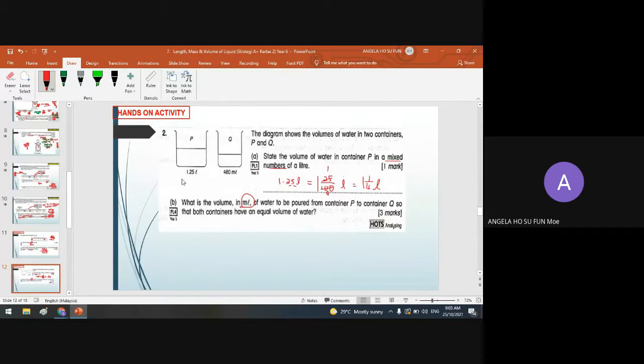First of all, what should I do? I add this amount of water with this amount of water together. This is in liter, I change into ml. It will be 1,250 ml plus 480 ml.